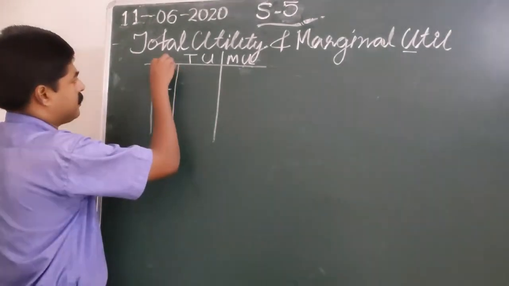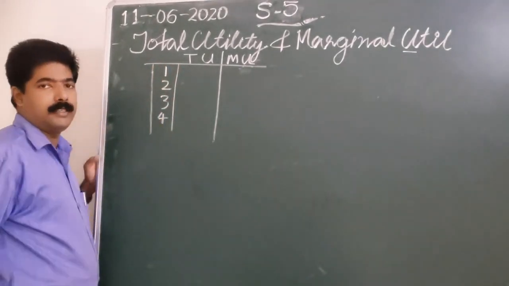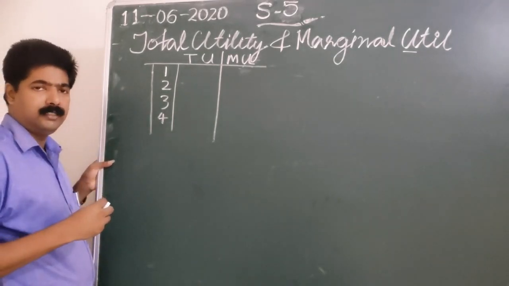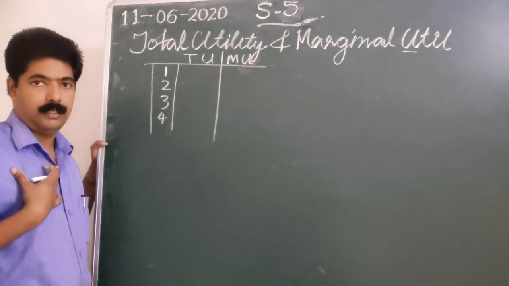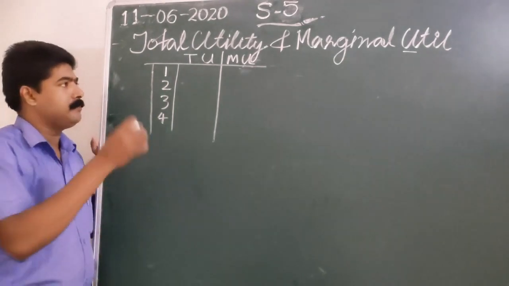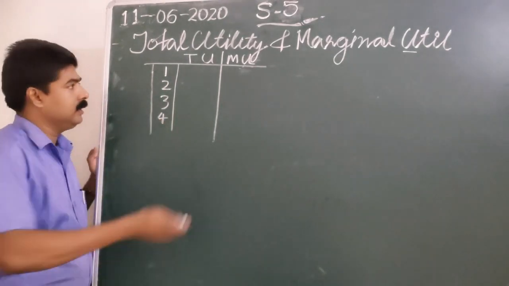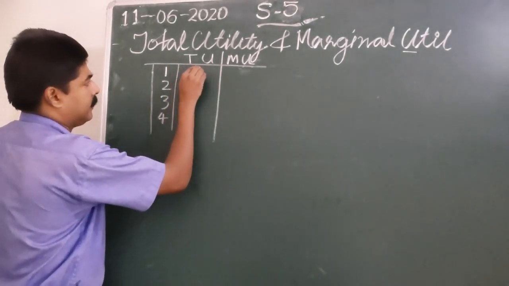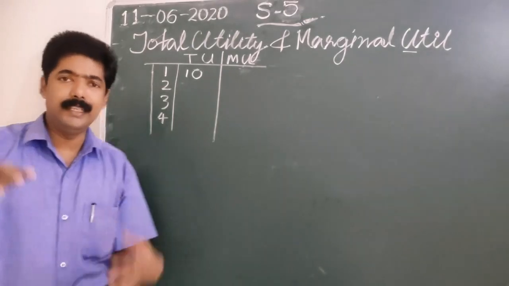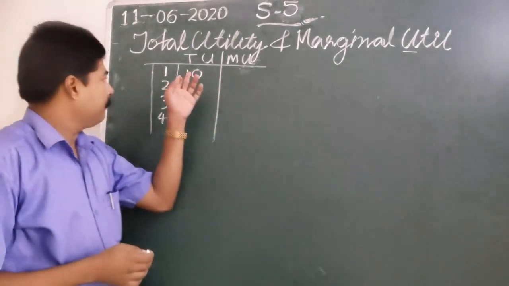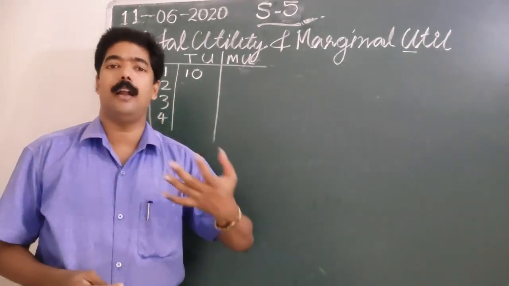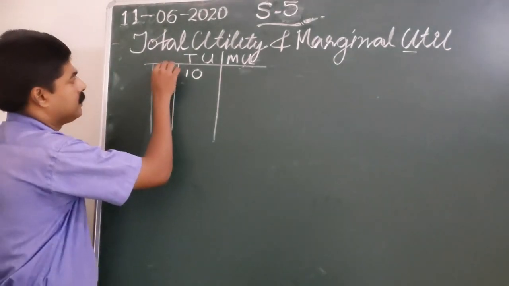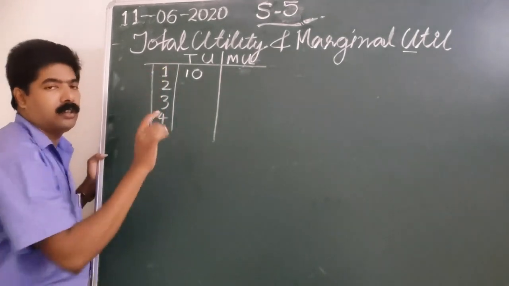For example, first when I have consumed one commodity like an orange, after eating the orange I have got some satisfaction. If I mention that satisfaction with a particular number, it is 10. The number 10 is the satisfaction I have received after consuming 1 unit of the commodity.